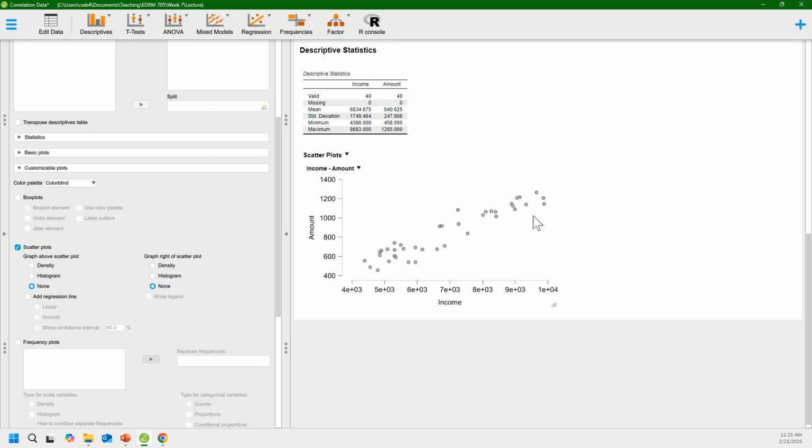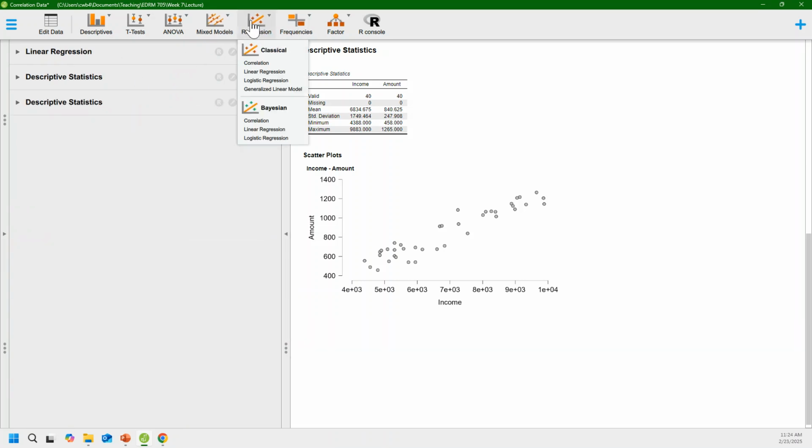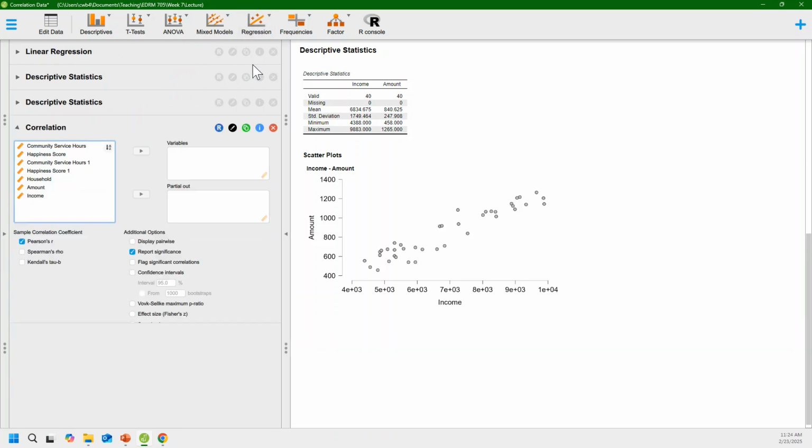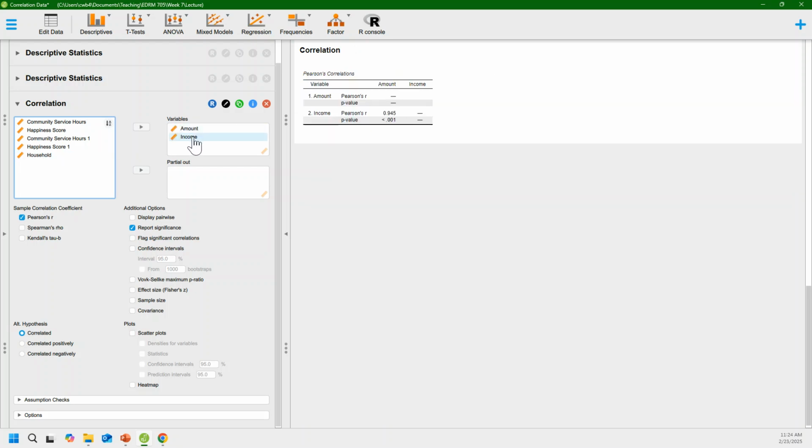If we wanted to find the actual value of the correlation coefficient, which was question 2, I'm going to go to my regression menu now, go to correlation. Doesn't matter which order I put these. I want to display this pairwise. And so I get my correlation coefficient.